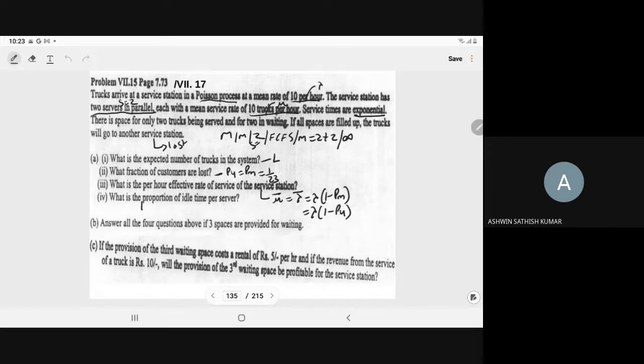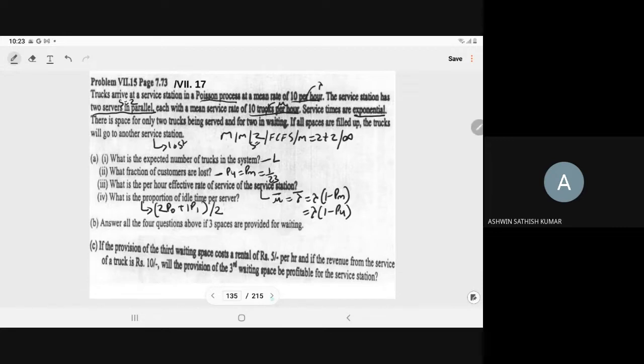Then after, what is the proportion of the idle time per server? First we compute the expected idle time. Both servers are idle when there is no truck. One server is idle when there is only one truck, and you have to compute per server, so divide by 2 because we have two servers. So we compute 2 P naught plus 1 P1, then divide by 2.